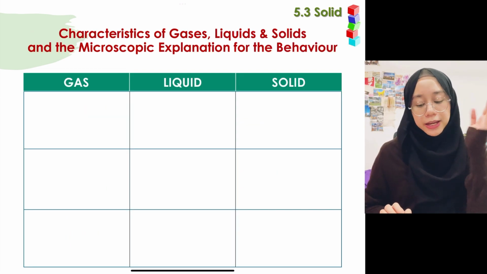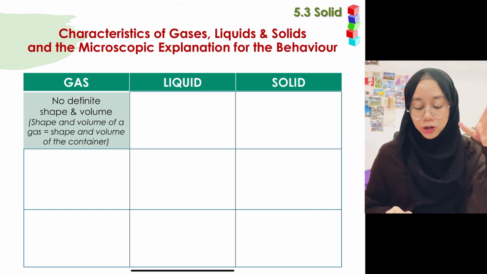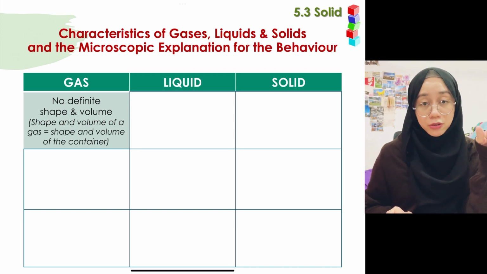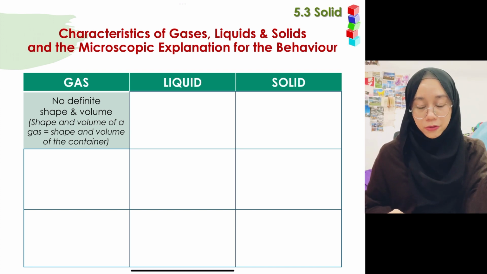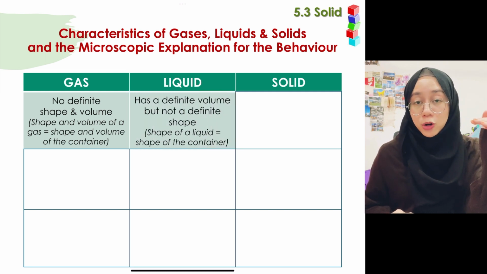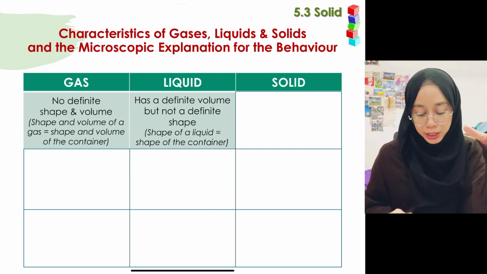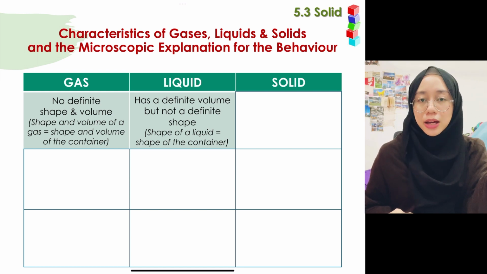So characteristics of gases, liquids and solids, and the microscopic explanation for the behavior. Basically in terms of shape and volume, kalau gas, no definite shape and volume. They follow the shape and the volume of the container. Meanwhile kalau liquid pula, it has a definite volume, since the particles are quite closely packed to one another, but they still don't have a definite shape lah. It still follows the shape of the container.